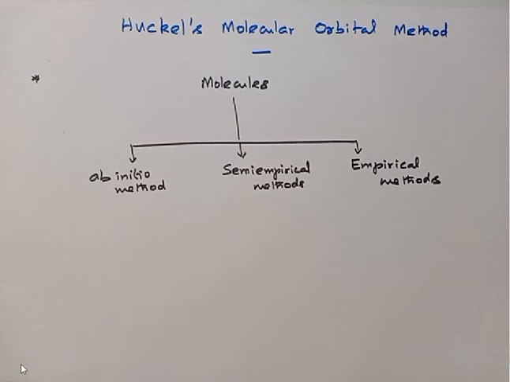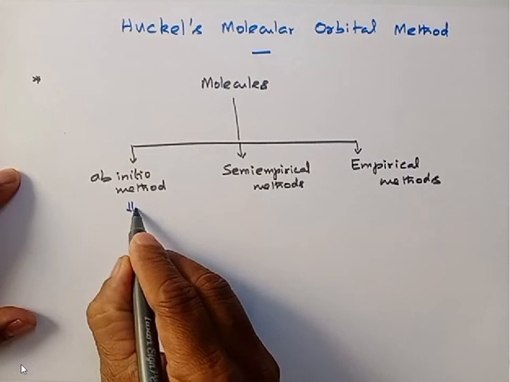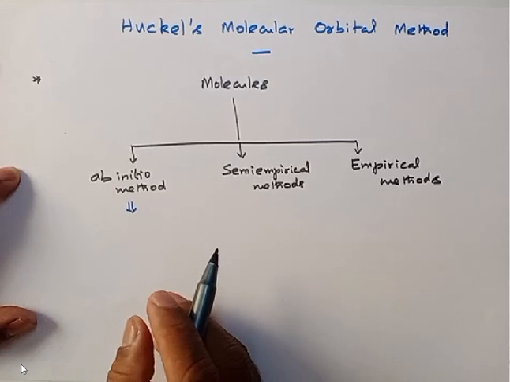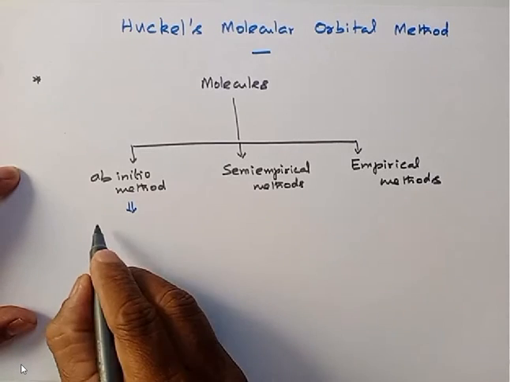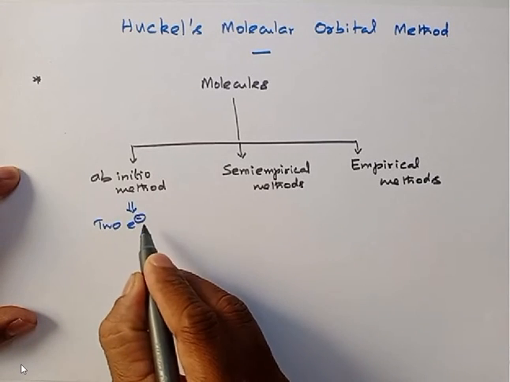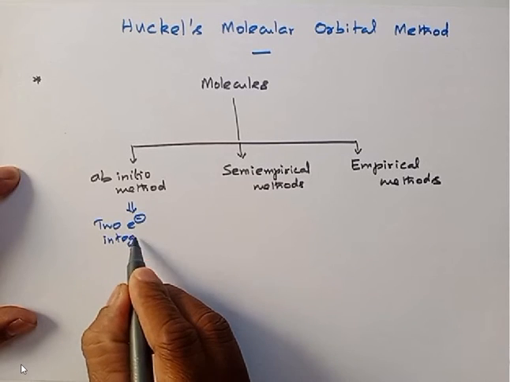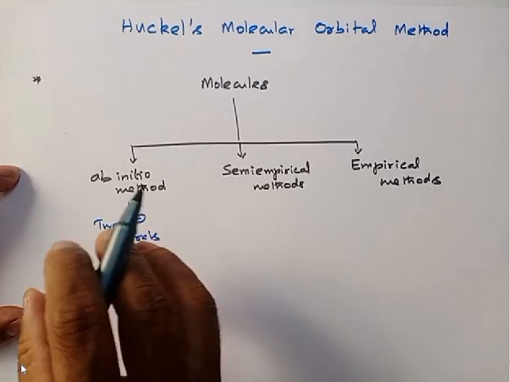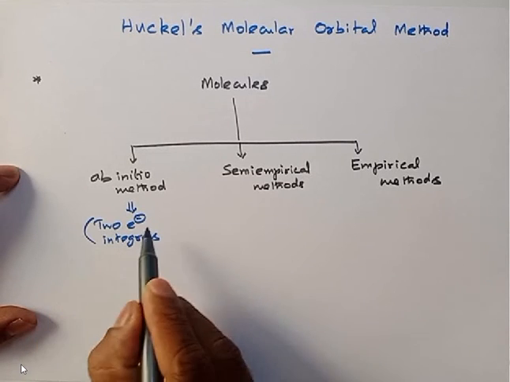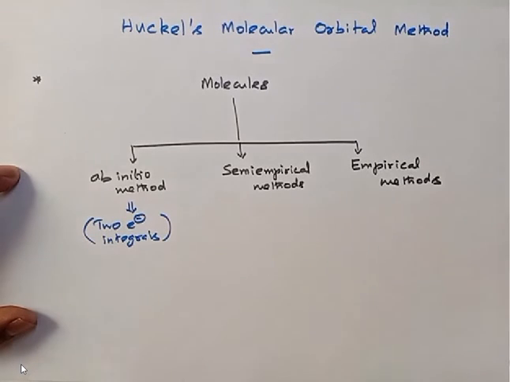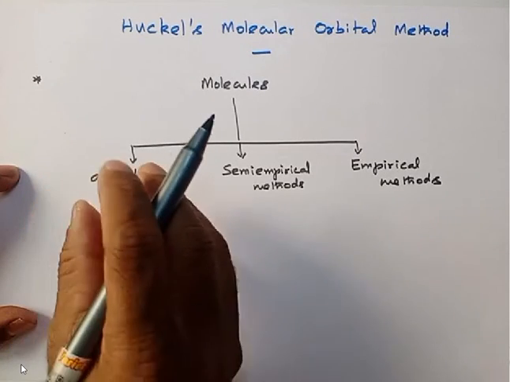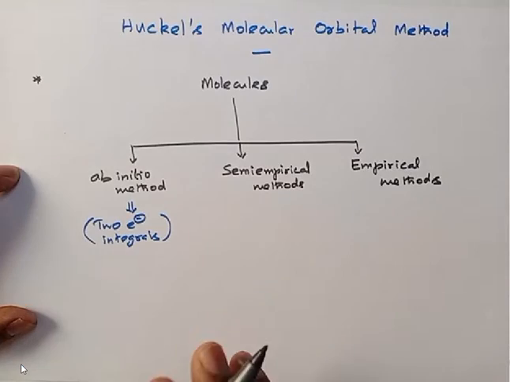Abhinitio method is a purely quantum mechanical method in which all two electron integrals are exactly solved. The two electron integrals involved in the calculation are exactly computed using computers, and the wave function and energy of the molecular orbitals are calculated exactly.